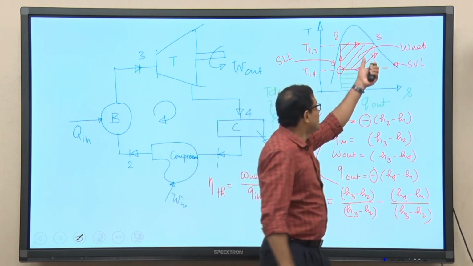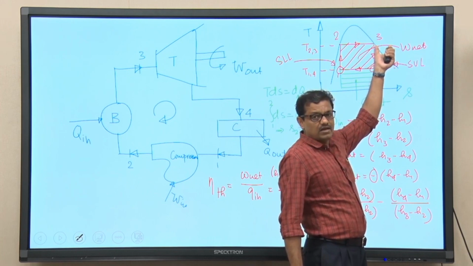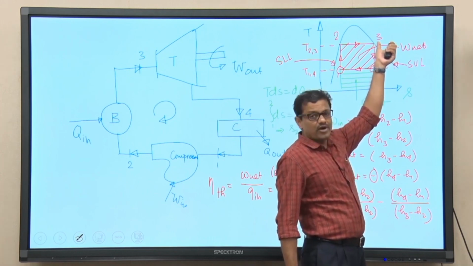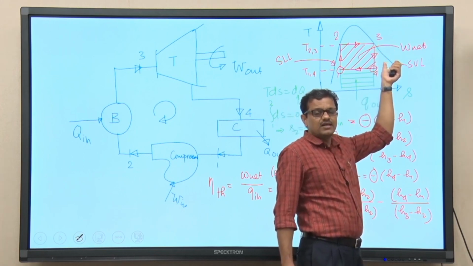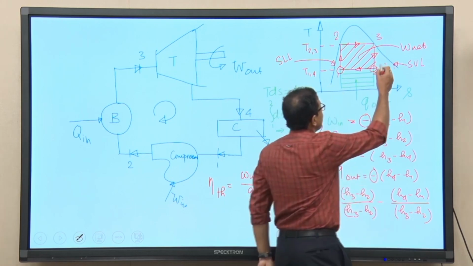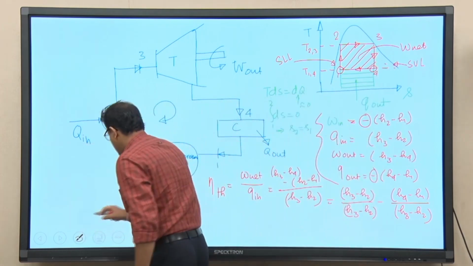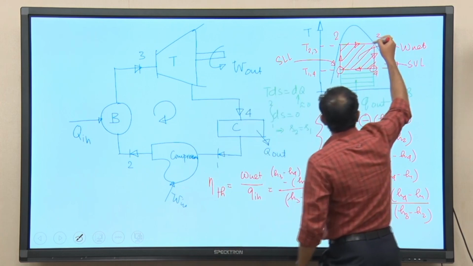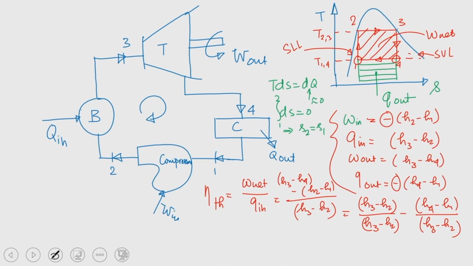If steam at the exit of the boiler can be superheated beyond this point 3, then if we allow steam to expand inside the turbine following this reversible adiabatic process, we get the point 4 prime. So, the idea is the possibility of superheating steam beyond point 3.